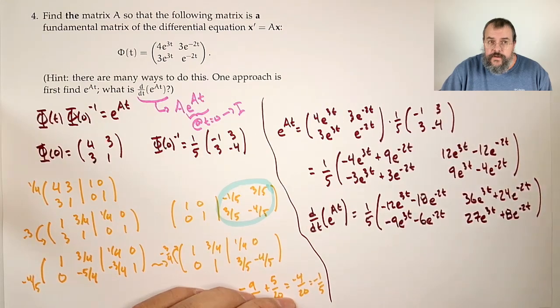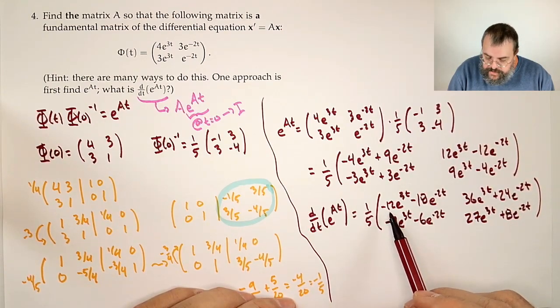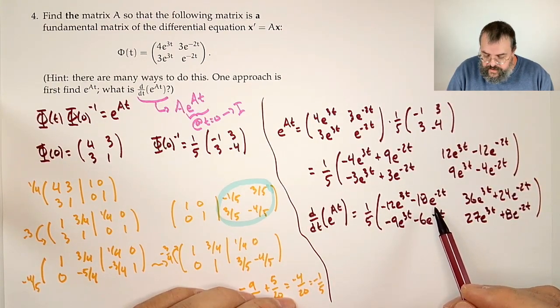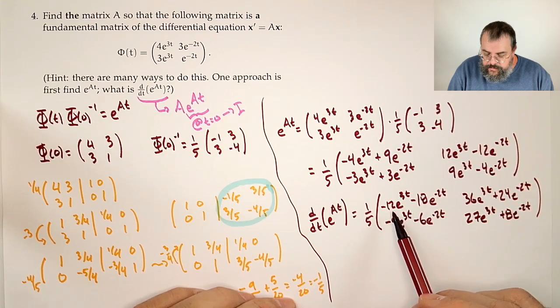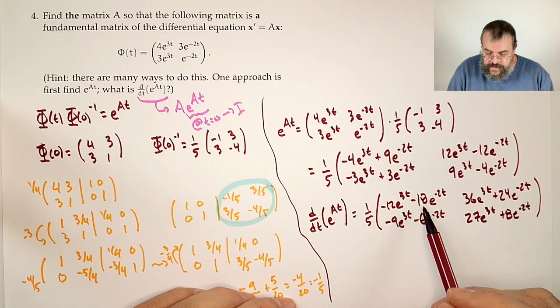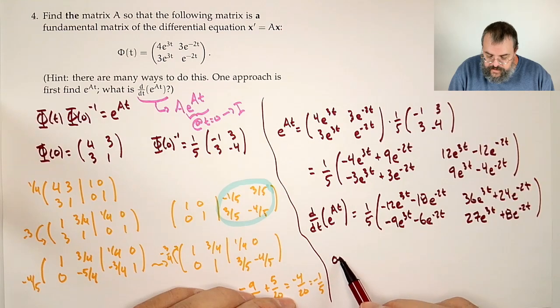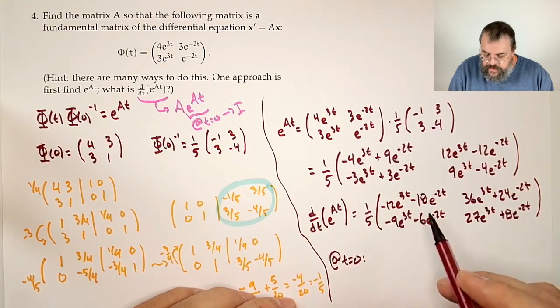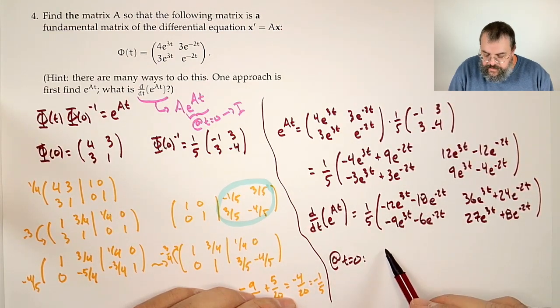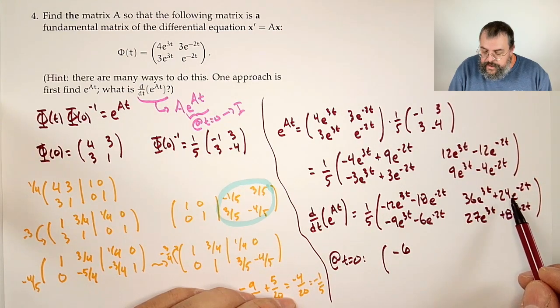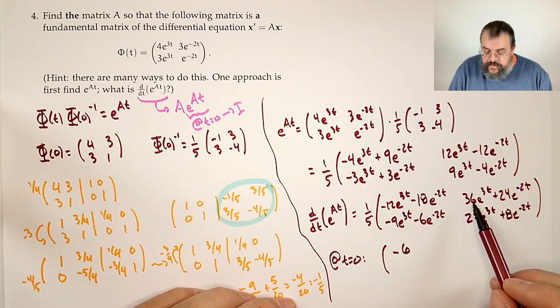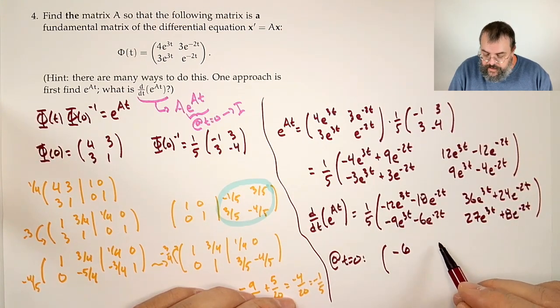And so what do we have? Minus 12 minus 18, well, that's minus 30. And times a fifth. So at t equals 0, we get minus 30 times a fifth, minus 6. 36 plus 24, that's 60 times a fifth, 12.